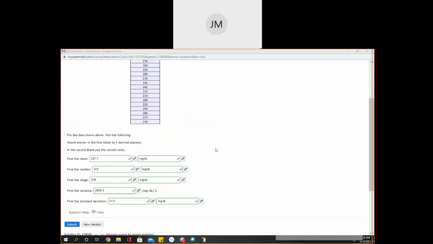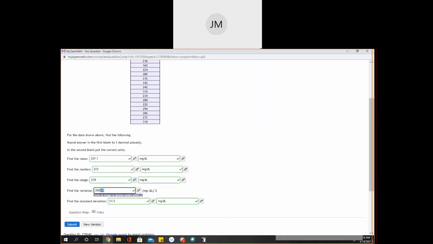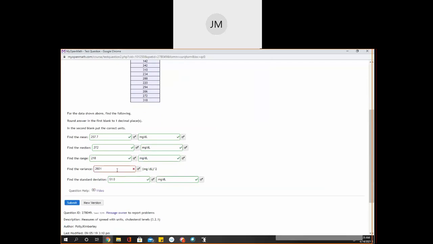Okay. Let's double check. If I were to put in the 51, my rounded value for standard deviation, then it gives me a problem. So that's something that you have to watch out for. If I want things to be rounded to one decimal place, I don't want to use rounded values to get there.